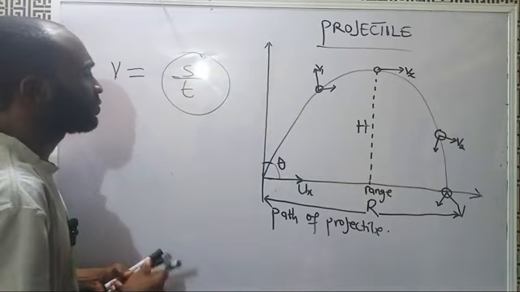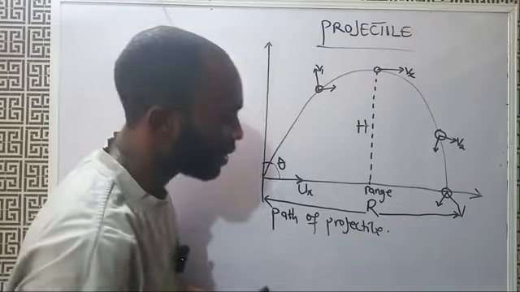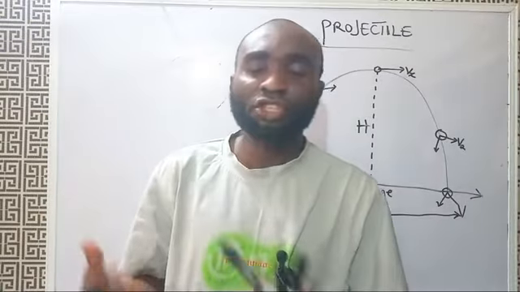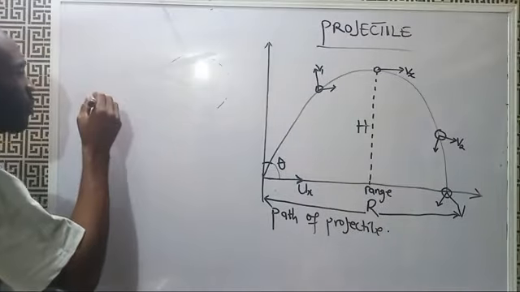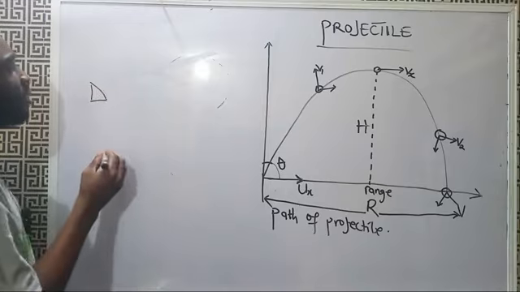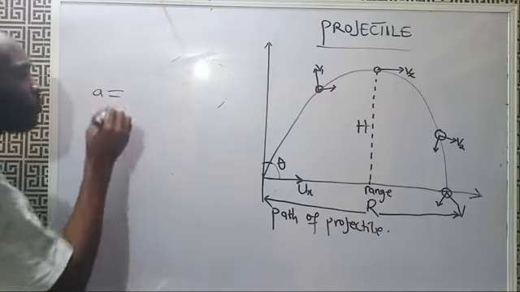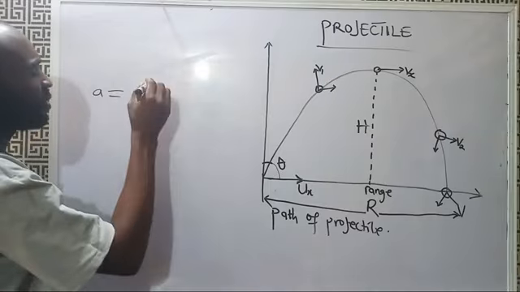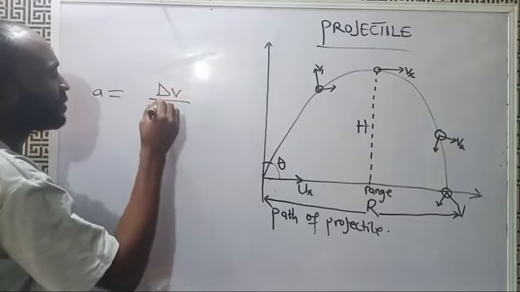All right, then again, what is acceleration? Acceleration is a change of velocity with time. So we have that acceleration, we use small a to stand for acceleration, is equal to dv all over dt.